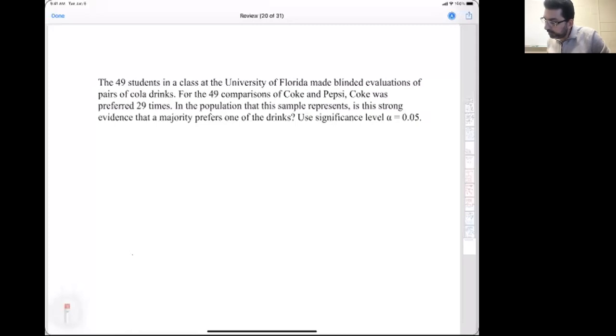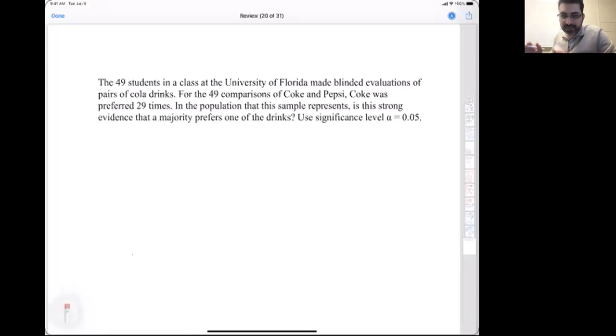In the population that this sample represents, the evidence doesn't say it's randomly selected. Okay, so we will assume that it's randomly selected. Wait, 49 students in a class. It said 49 in a class at the university. No, it's not random.